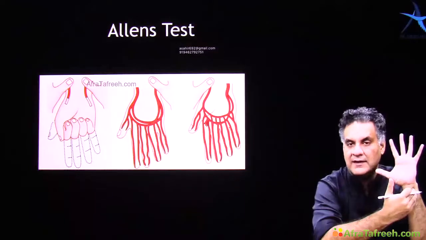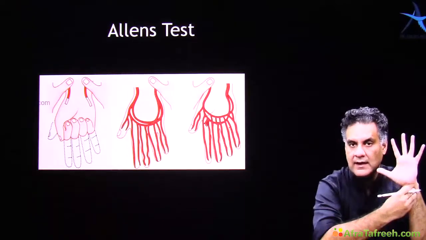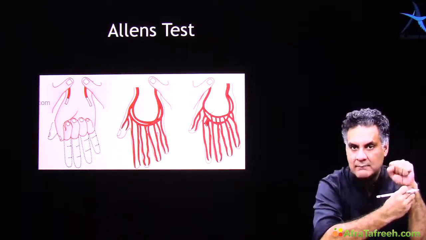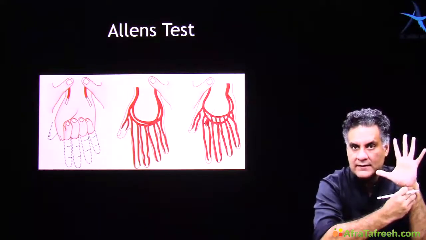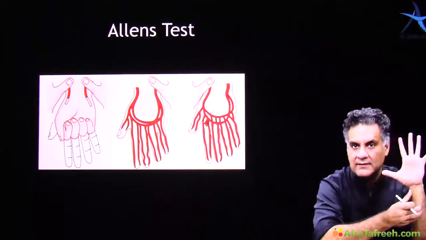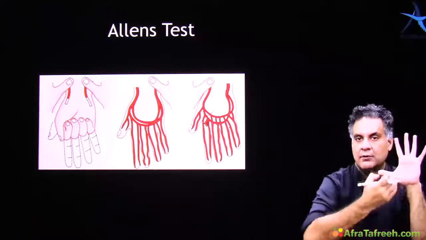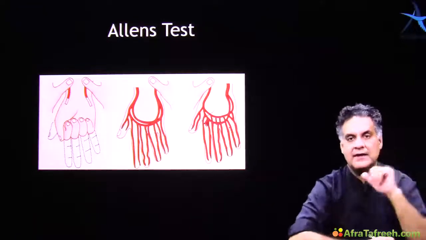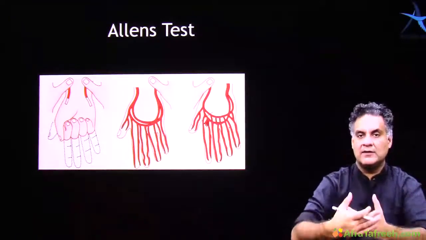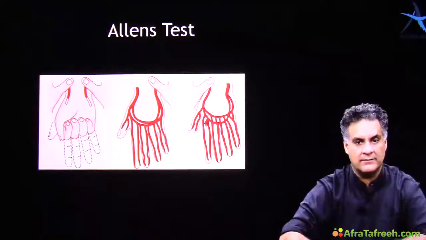It means there is a patent radial artery. Again, press it, make a fist, it will become white. Then release the ulnar artery and it will become red. It means that both the arteries are patent and there is a possibility of doing the cannulation.